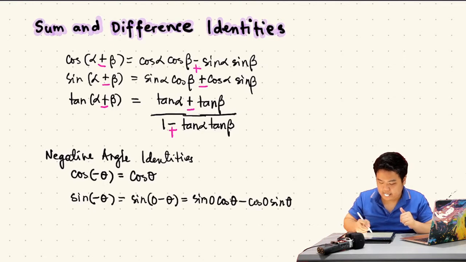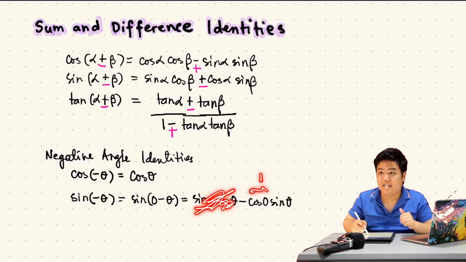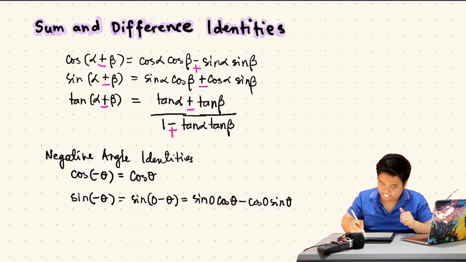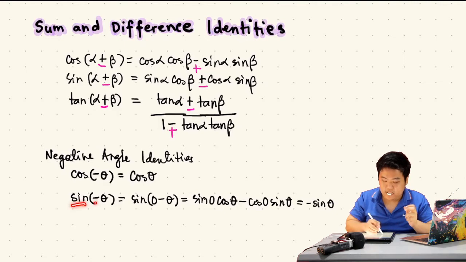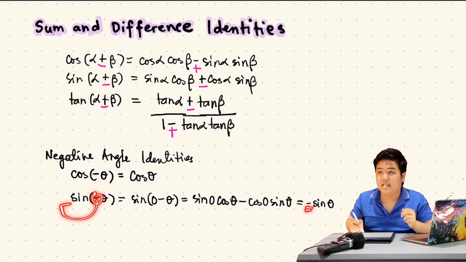But we know that sine 0 is 0. So wala na ito. Evicted na to. And cosine 0 is 1. So ang sagot is negative sine theta. So, ibig sabihin, kapag meron kang sign ng negative something, yung negative mo, pwede mo siyang i-pull out sa labas. Yun yung sinasabi ng identity na to.